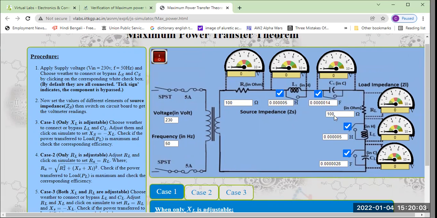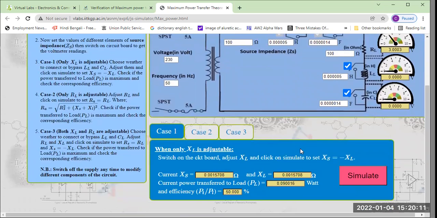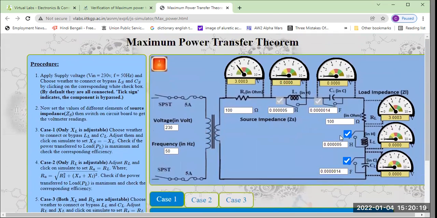In this case, what happens? Just make it 14. Now if we make it change, look, this is 0.9006 watt. If I just make it double one by one, look, here it is 5, we make this 10, here it is 14, make it 28.